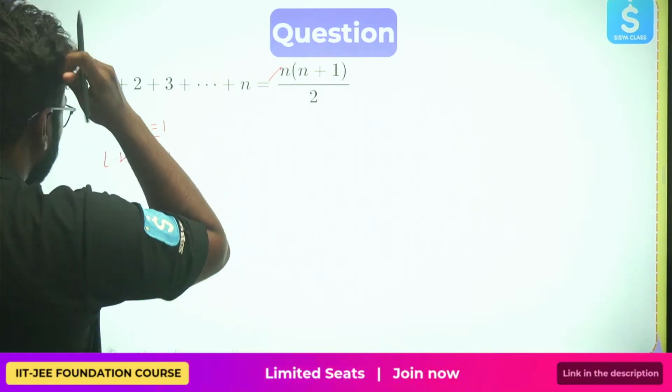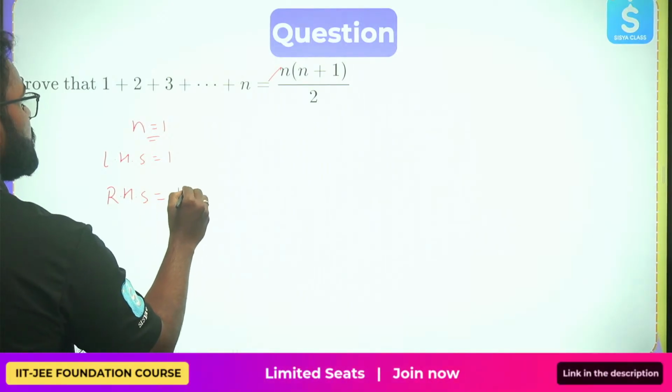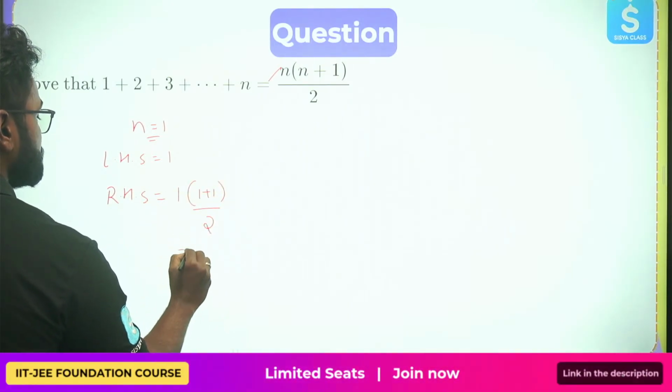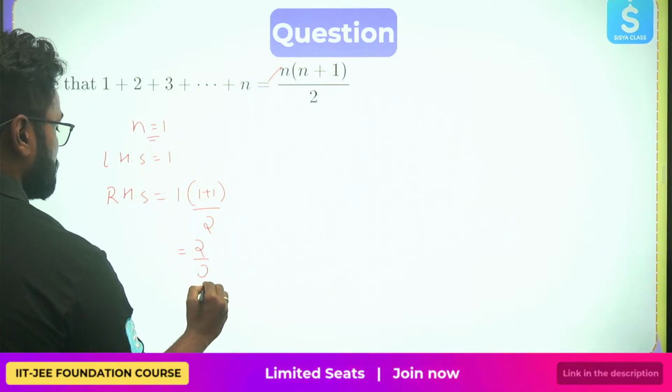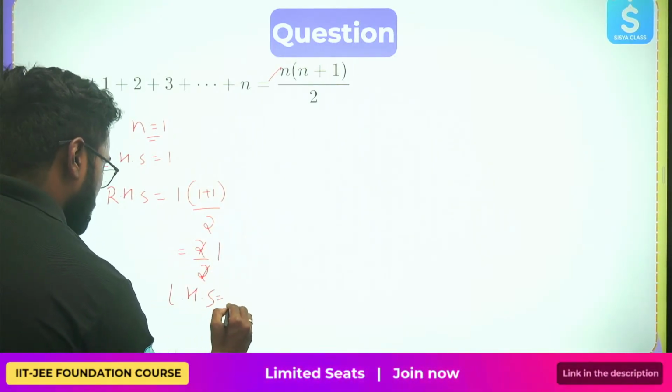For RHS, what will be? 1 into 1 plus 1 by 2, that is 2 upon 2. This is 1. So LHS is equal to RHS.